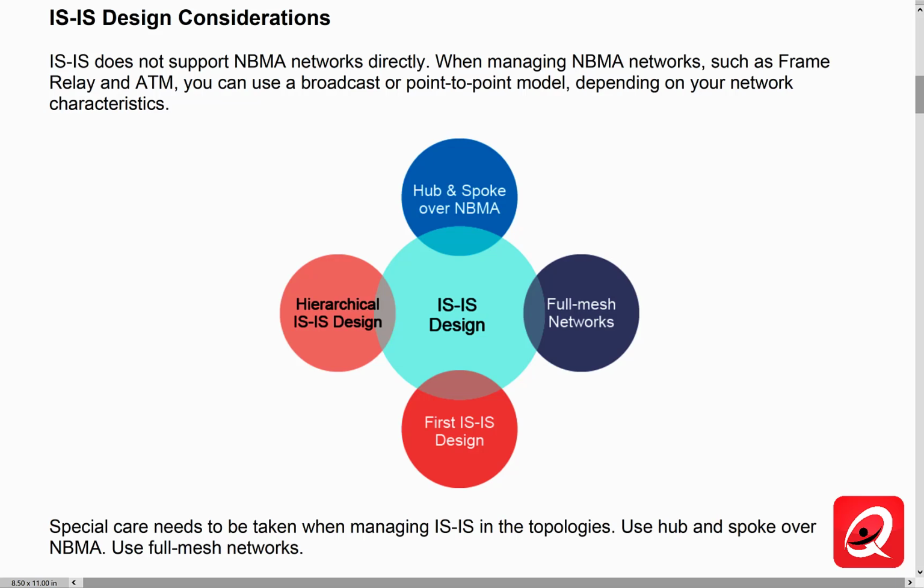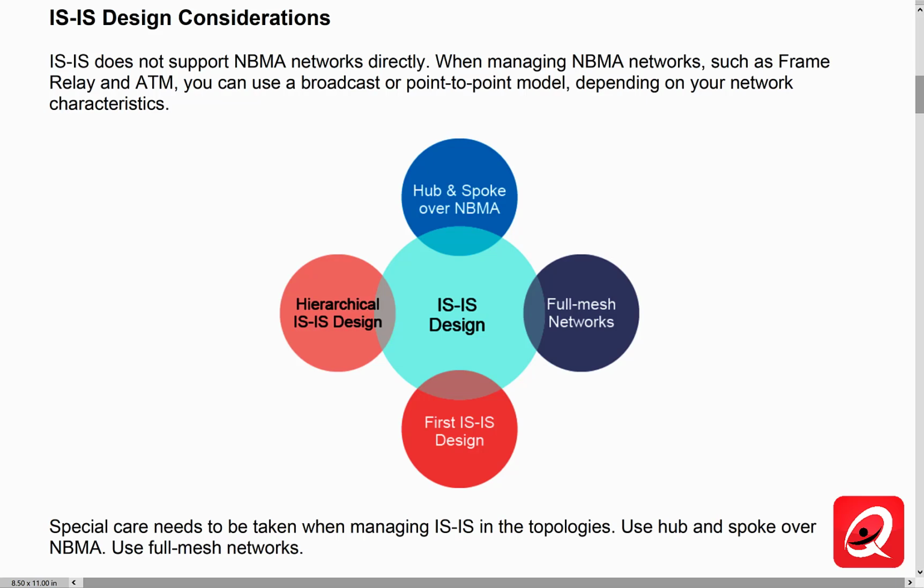So with ISIS, we have the same option. Do I just simply deploy an all L1 network and have a single area? It really boils down to the size requirements of the design. If you're talking about a flat design, you have a single area, 2-level routing is not going to be required. The benefit to that, of course, is that everybody knows about everything.